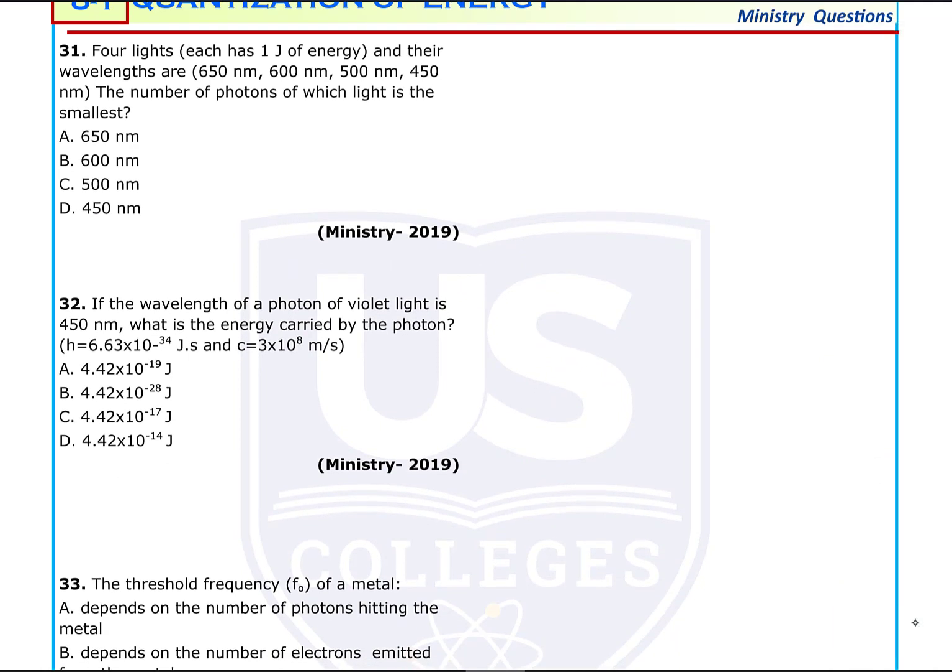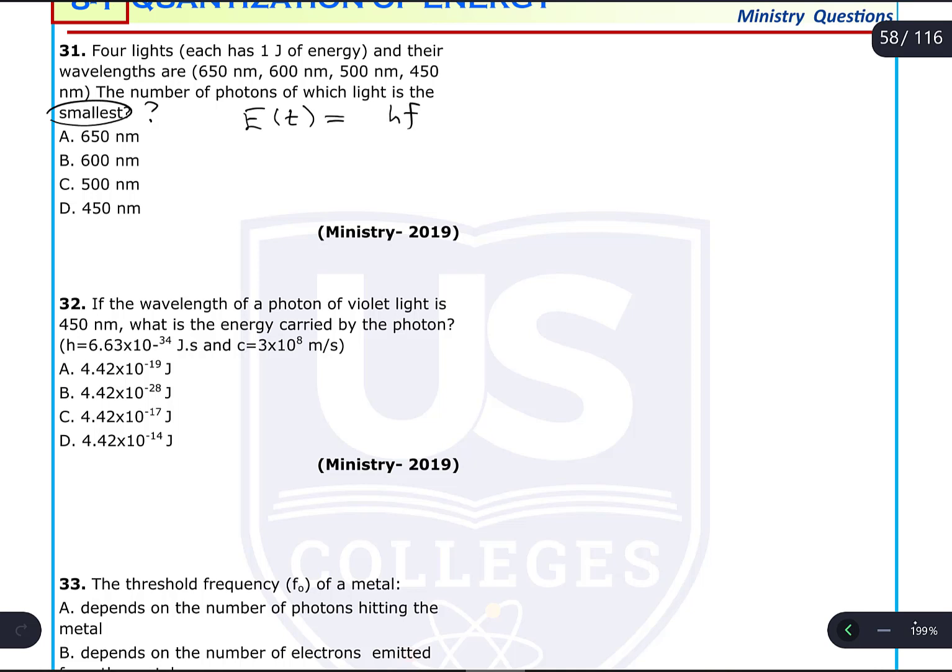Question number 21. Four lights each has 1 joule of energy and their wavelengths are 650, 600, 500 nanometer and 450 nanometer. The number of photons of which light is the smallest? Remember, we said that total energy is equal to energy of a single photon multiplied by number of photons, because one photon has 1 hf, 2 photons 2 hf, 3 photons 3 hf, and n photons has n times hf total energy.